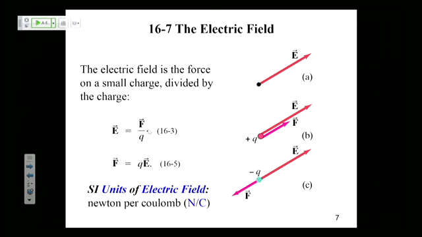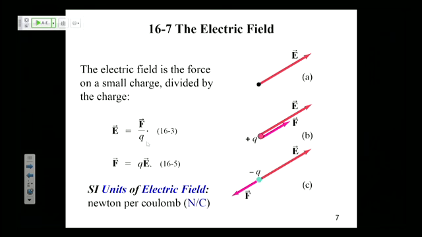So in figure A, at this point, if you would like to see what the electric field is, you need to place a charge at that point and then see the force acting on that charge, divide the force acting on the charge by the charge in order to get force per unit charge, and force per unit charge is simply the electric field.